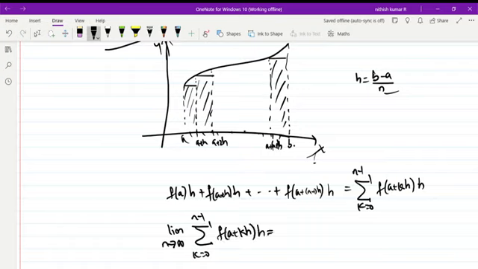As we increase the number of intervals, that is as n tends to infinity, we are getting the area under the curve, and thus it is denoted by the integral from a to b of f of x dx. Observe, we have considered f of x as a non-negative continuous function.